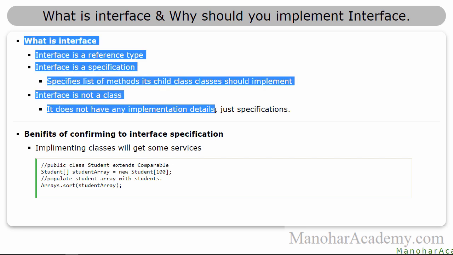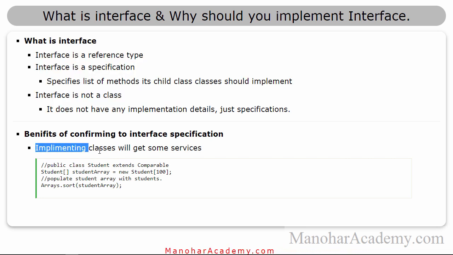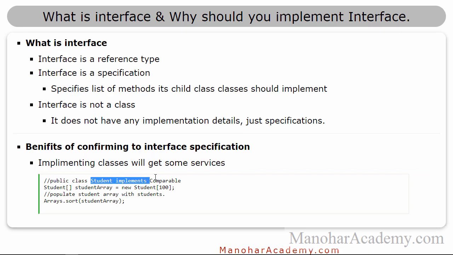So this is an interface. Then what is the benefit of conforming to an interface specification? The main benefit is you will get to use some services. For example, in the previous slide, we have seen that Student implements Comparable. So here the Student is implementing the Comparable interface.